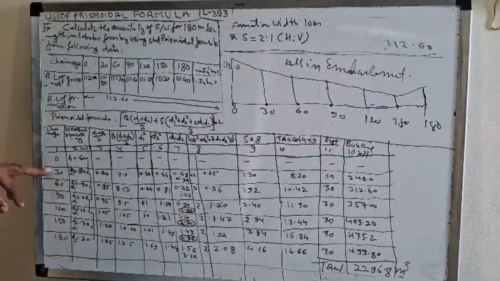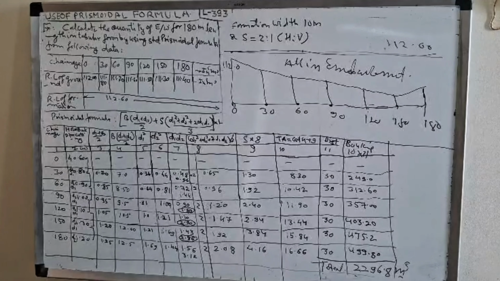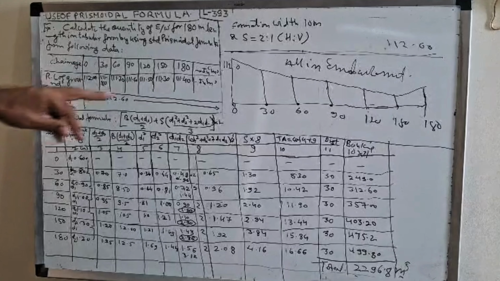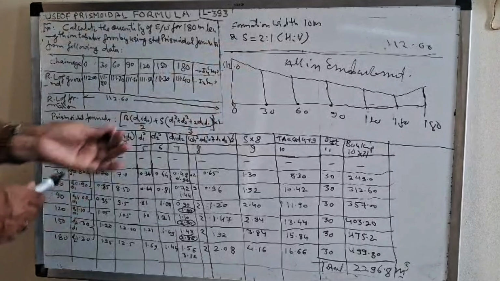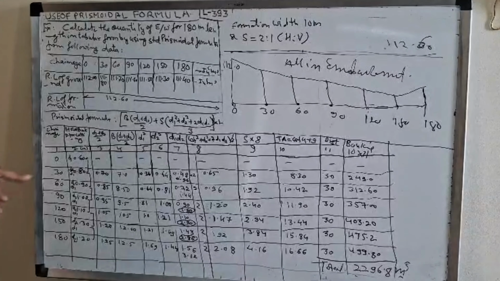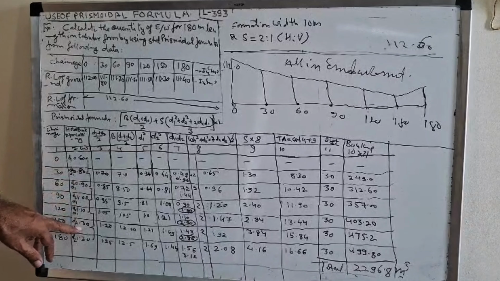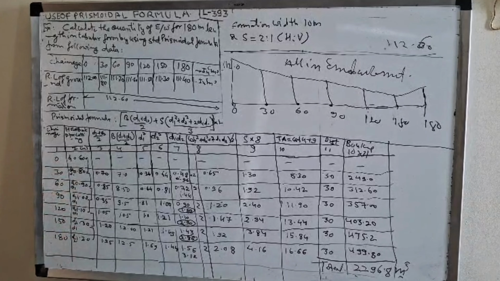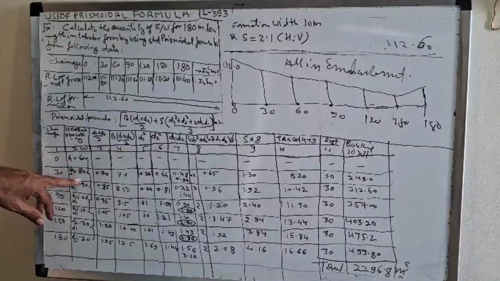So chainage 0, 30, 60, 90, 120, 150, 180 we have put, and d1 starts from this point. Formation level is 112.60 and ground is 112, so the difference is 0.60, and then 0.80, 0.90, 1.0, 1.1, 1.3, 1.20. These are the values. Let us find d1: here d1 is 0.60 and d2 is 0.80.